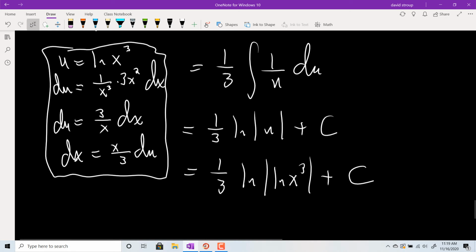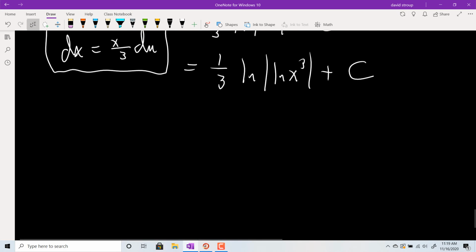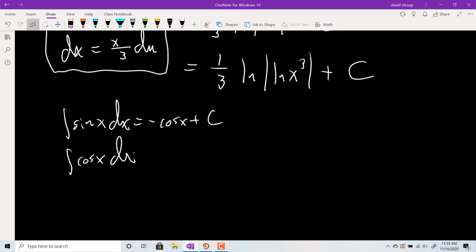Okay, let's move on to trig functions now. The cool thing about this is we're going to be able to get the integral for all 6 of our trig functions. So I know the integral of sine x dx is negative cosine x plus c. I know the integral of cosine x dx is just going to be sine x plus c, but the ones I don't know, right?